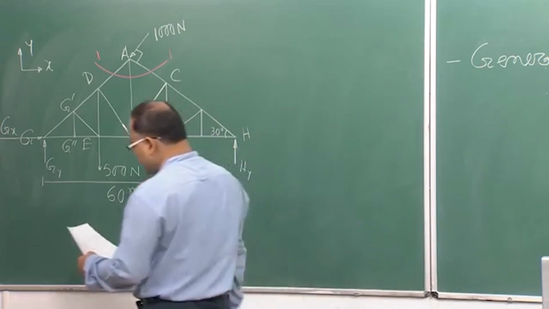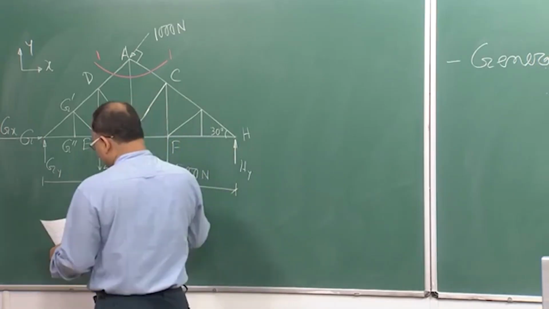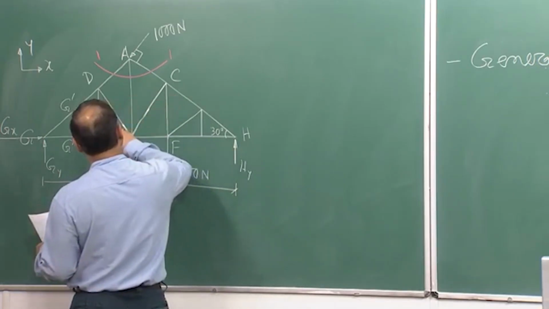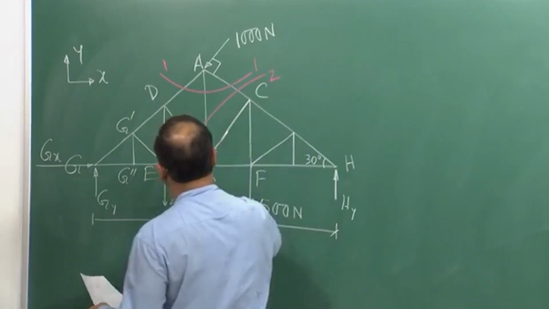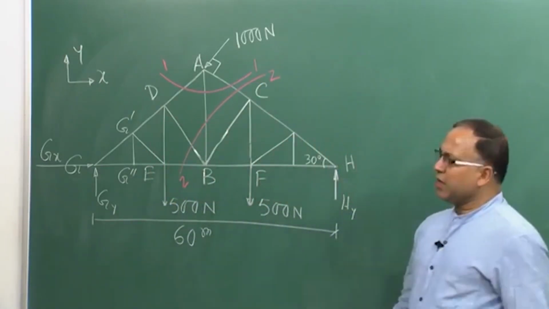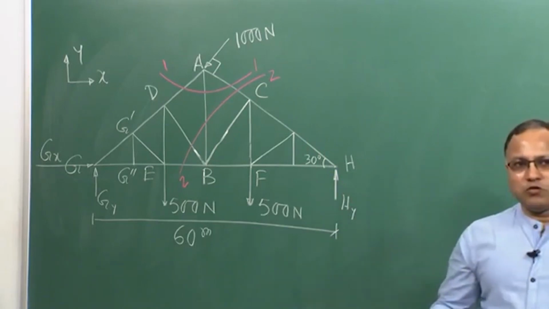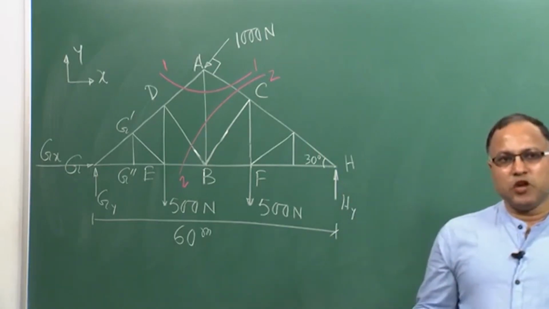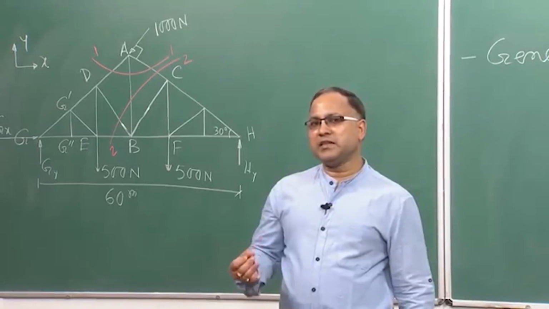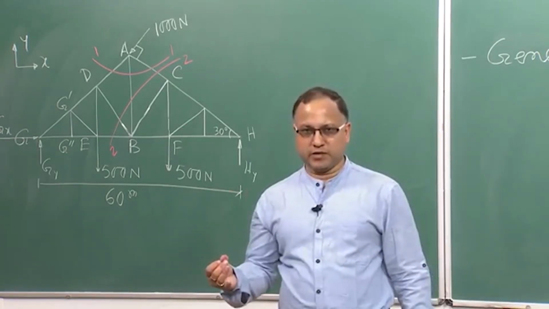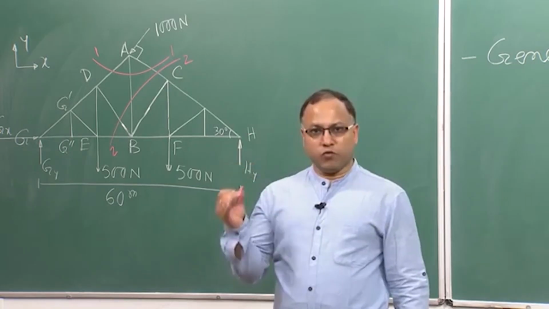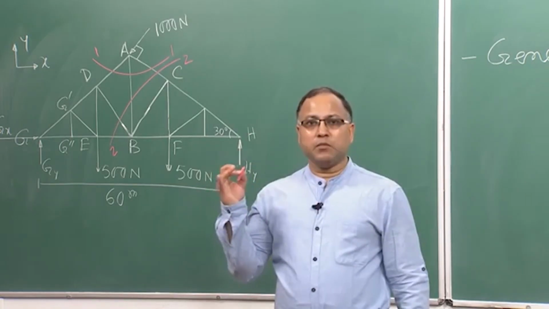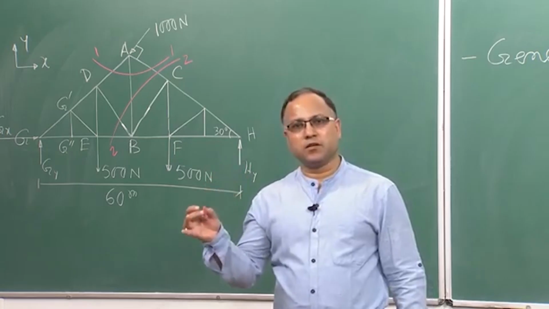Similarly, I can choose another section, section 2-2. I want to show that you need not always take a section which cuts only 3 members. You can even take a section which cuts 4 members, with some specific configuration.